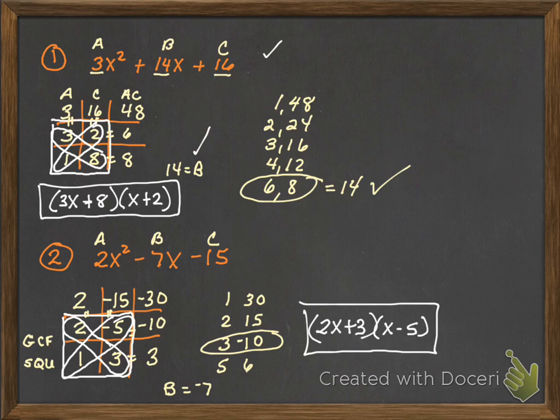So 1 and 48, 2 and 24, 3 and 16, 4 and 12. Well, the one that equals 14 is this one right here, 6 and 8. And I load them in, 6 and 8. Order will not matter on this.